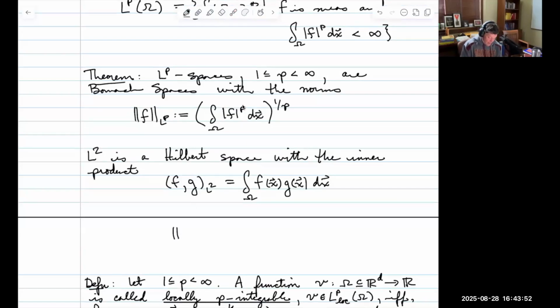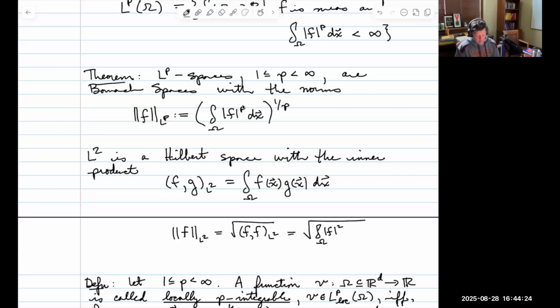And the way we know that is, well, if I wanted to find the norm on that space, then it should be given by taking the inner product of the function with itself and taking the square root. Well, you can see if I do that, then what I get is the square root of the integral over Omega of the absolute value of f squared. Why absolute value of f squared?